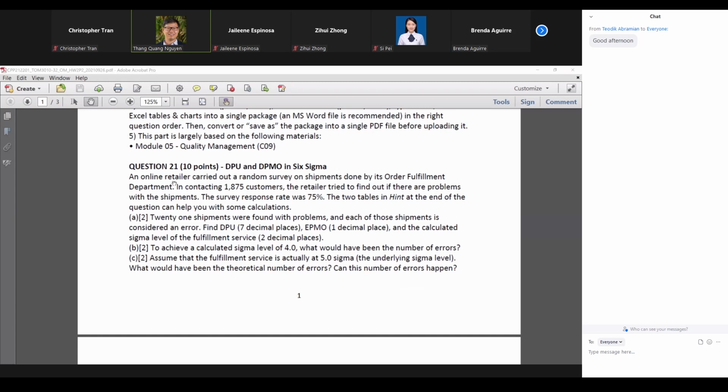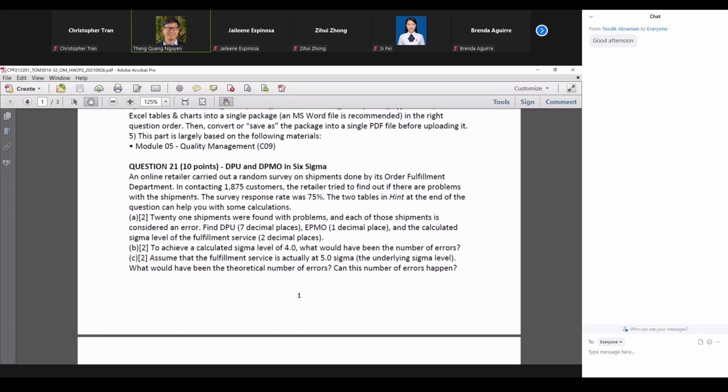An online retailer carried out a random survey on shipments done by its order fulfillment department. In contacting 1,875 customers, the retailer tried to find out if there are problems with the shipment, right?